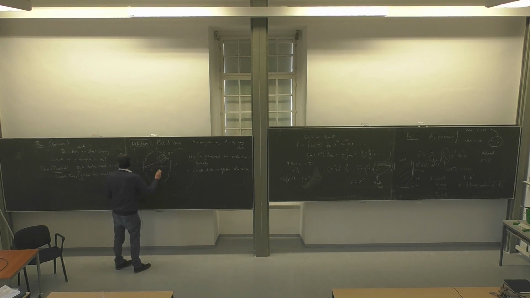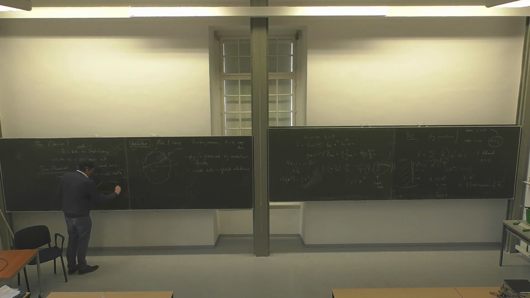So here, for this data, I want to look at it the following way. Something non-trivial is happening here, but here you have Kerr or Schwarzschild or any stationary solution. There's a lot of them. Stationary, globally regular, we think Kerr.